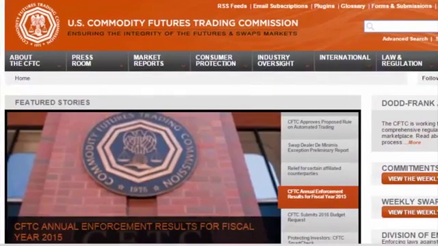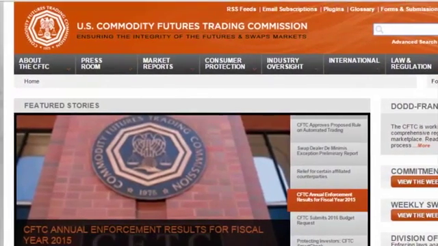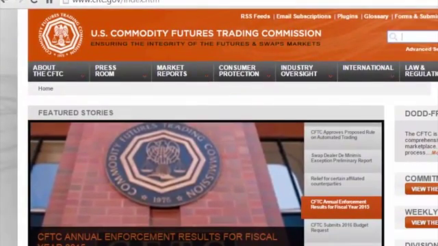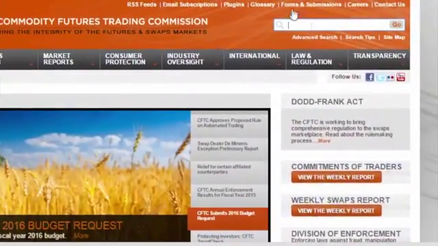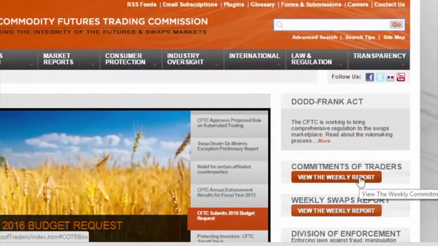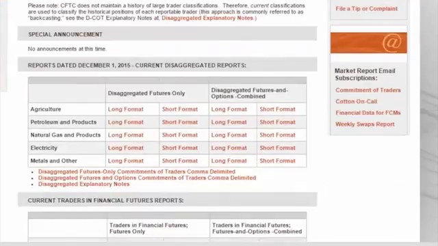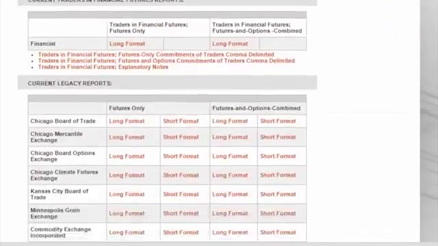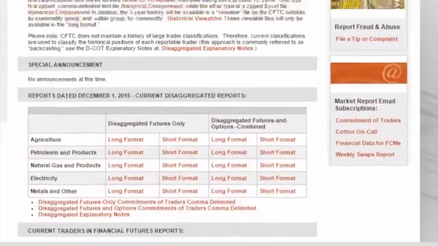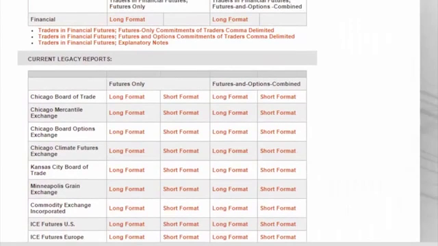Now let's go to the primary source and look at how it looks. That is the cftc.gov website, and here is the commitment of traders report. I can click here and view the weekly report. What do we see here? We see different instruments, and we have to choose here the short format of Chicago Mercantile Exchange.